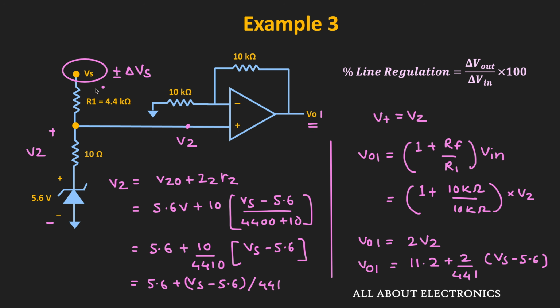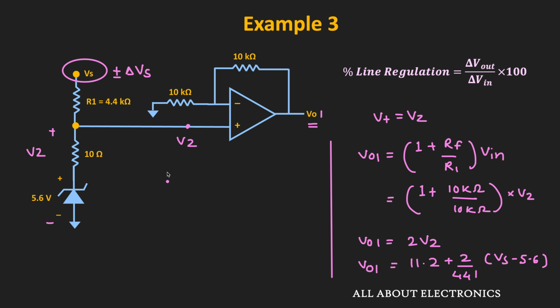Now whenever the supply voltage gets changed by delta Vs, then in this equation the only thing that will change is this Vs. That means whenever the supply voltage becomes Vs plus delta Vs, at that time let's say the output becomes VO1 plus delta VO1, and that is equal to 11.2 plus 2 divided by 441 times Vs plus delta Vs minus 5.6.